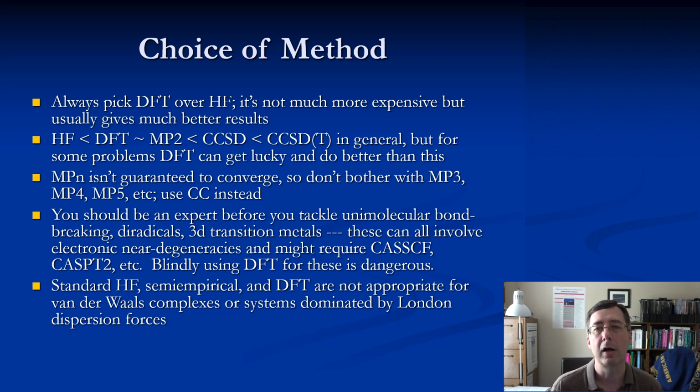There are some non-local correlation functionals like VV10 that would be appropriate in a situation like this, or practically speaking you could use the -D style corrections popularized by Stefan Grimme and others that will fix things up. But your run-of-the-mill B3LYP, for example, is not appropriate in a situation like that without some kind of cleanup.